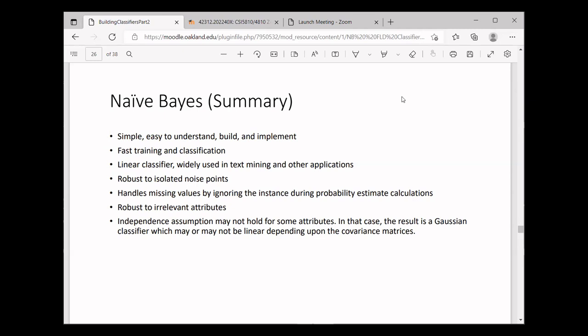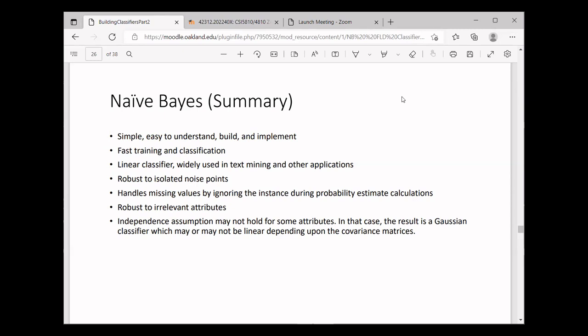With that covariance matrix, you would fit a bivariate Gaussian distribution, and then use that bivariate Gaussian distribution in your Bayes formula.